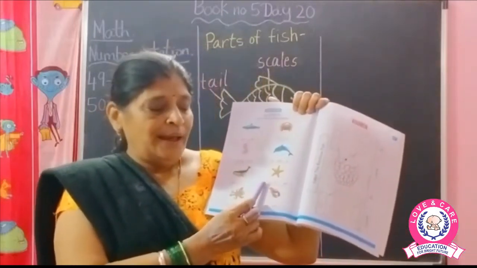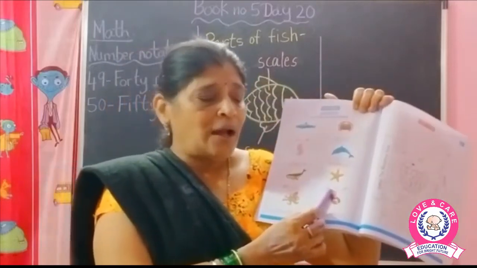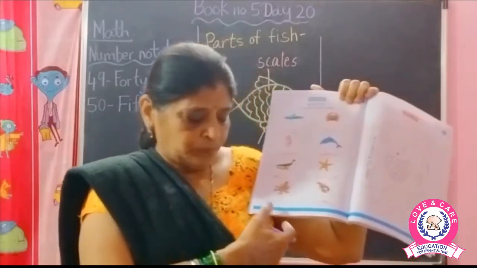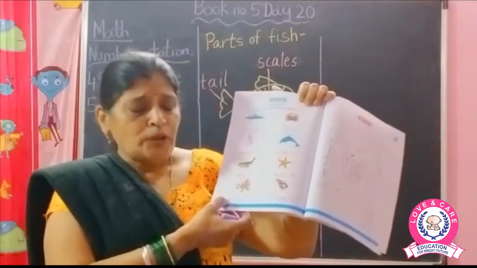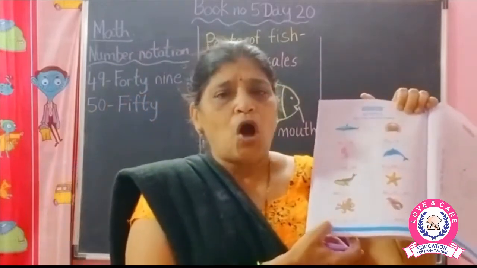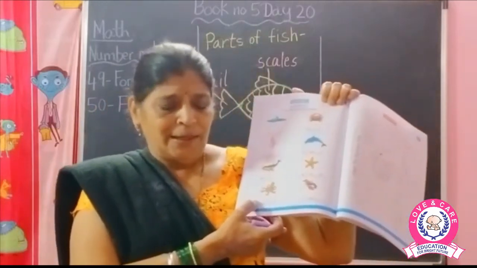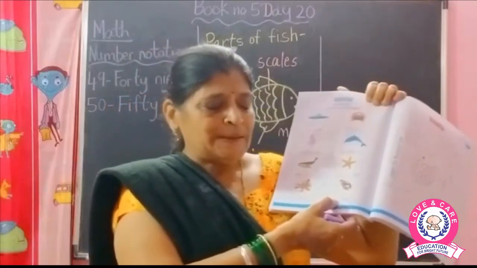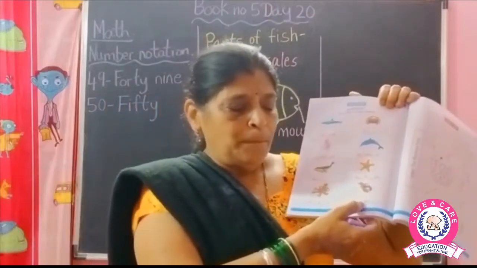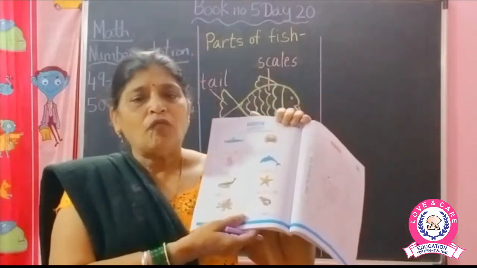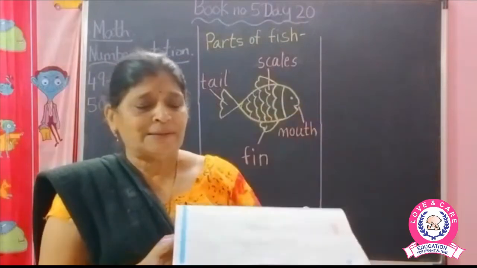Starfish, S-T-A-R, starfish, F-I-S-H, fish. Now here octopus, O-C-T-O-P-U-S, octopus. And lobster, L-O-B-S-T-E-R, lobster. So you have to write here vowels, A-E-I-O-U के words लिखने हैं.